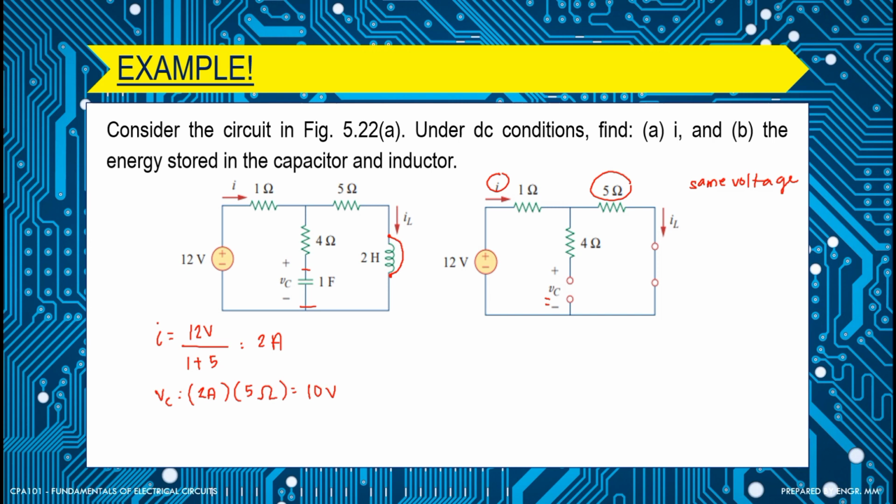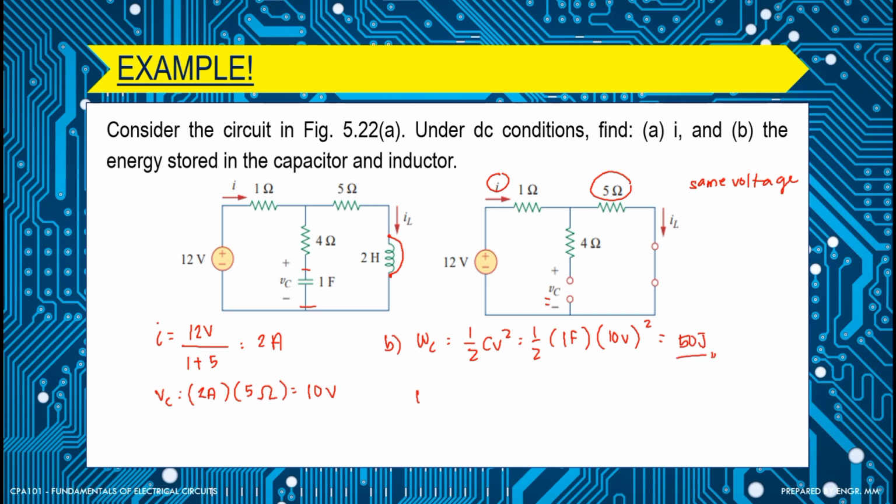Now finding the energy stored in the capacitor, w_C is 1/2 C v squared. The capacitance is 1 farad and our voltage is 10 volts, squared. Then we have 50 joules.